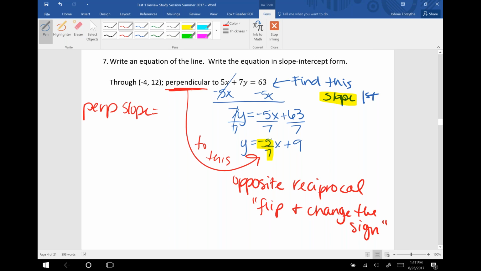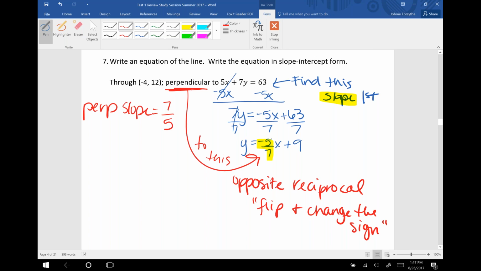So it started off negative, so our slope is going to be positive 7 over 5. If this equation was exactly the same, except that what I underlined said parallel, then we would use the same slope because parallel lines have the same slope. But it's perpendicular, so you still had to find the slope, but then we flip it and change the sign.